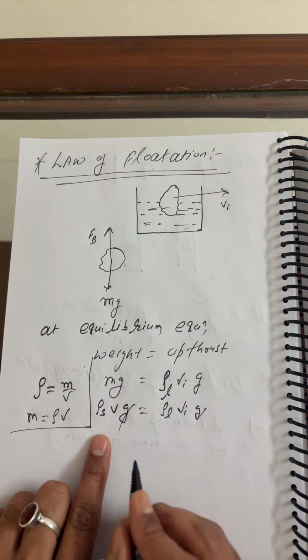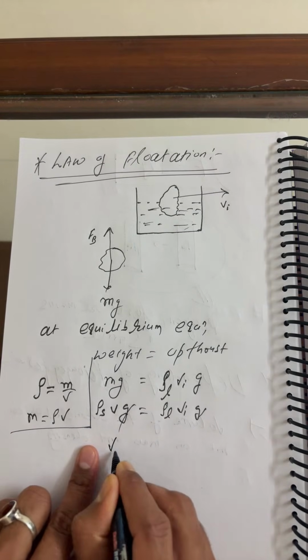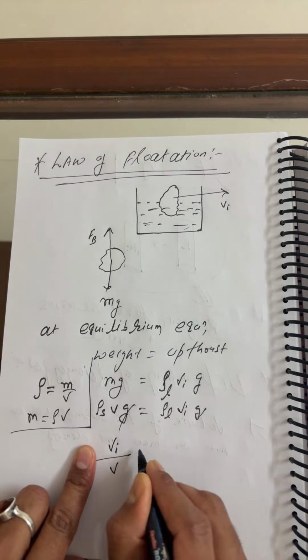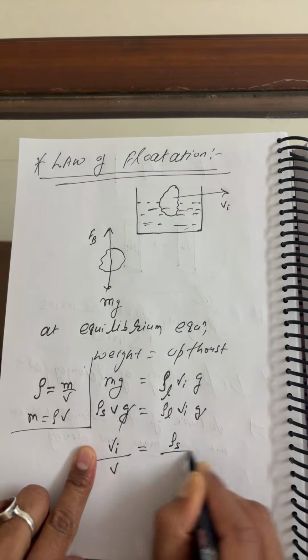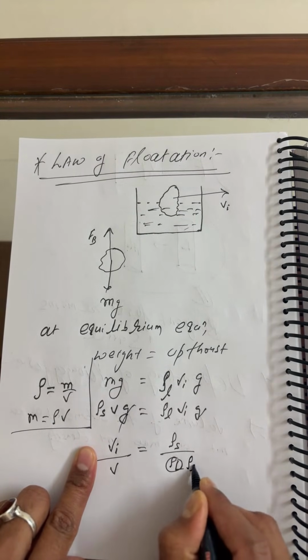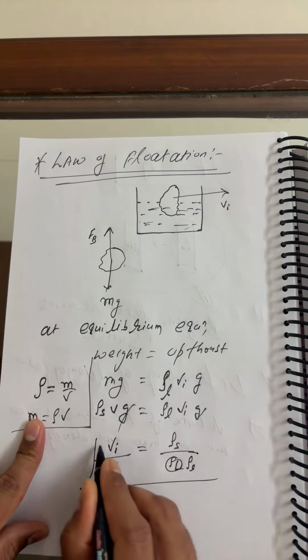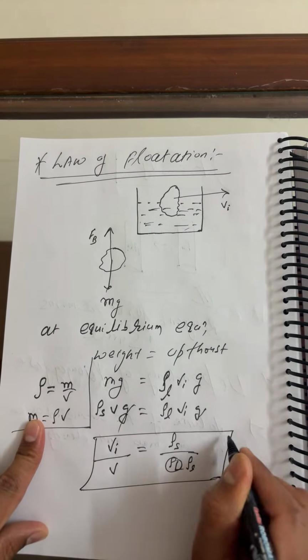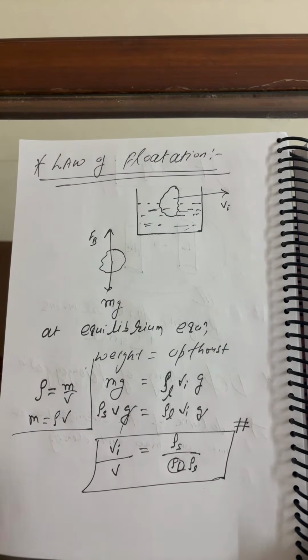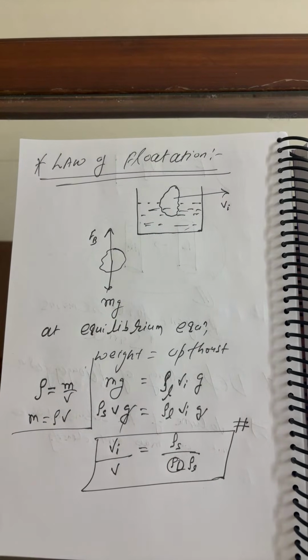Volume emerged upon volume total equals density of solid upon density of liquid. You know, this is one hero formula for the law of flotation.